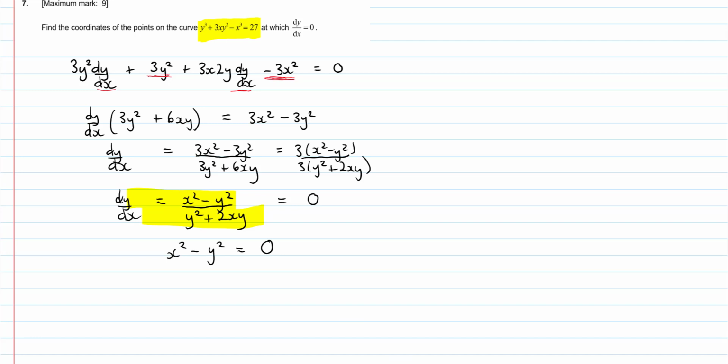Therefore x squared is equal to y squared, and taking the square root of both sides, x is equal to plus or minus y. Don't forget to take the positive and the negative when we square root. So we've got two cases: x is equal to positive y, or x is equal to negative y.